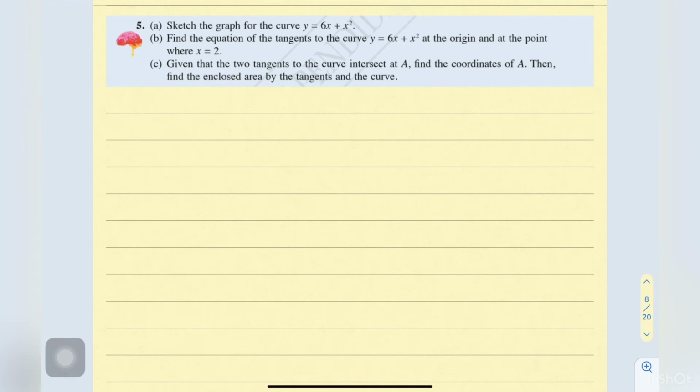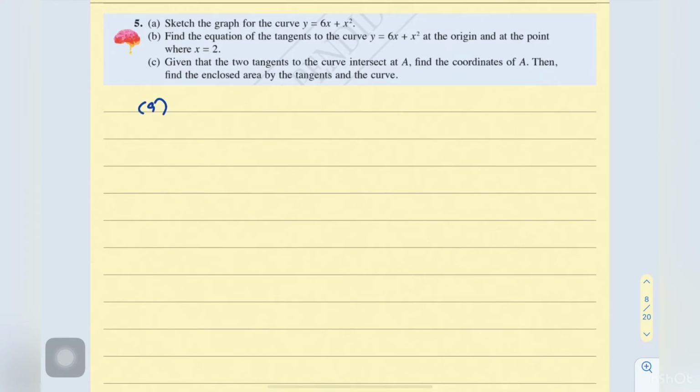Number 5, sketch the graph for the curve y equals 6x plus x squared. Okay, so A, we have y equals 6x plus x squared. To sketch, we can predict this one, a equals 1, so it's a parabola with minimum point. The roots, we can find the roots.